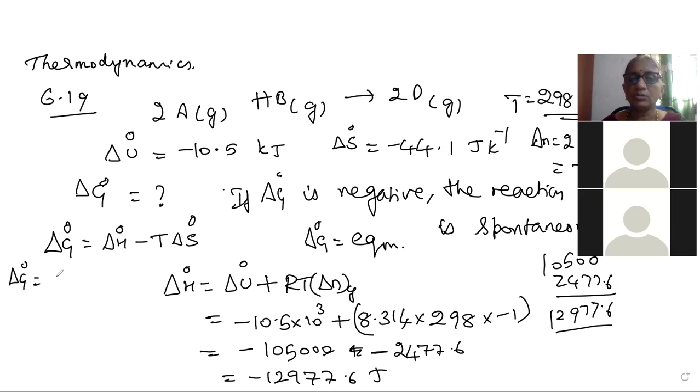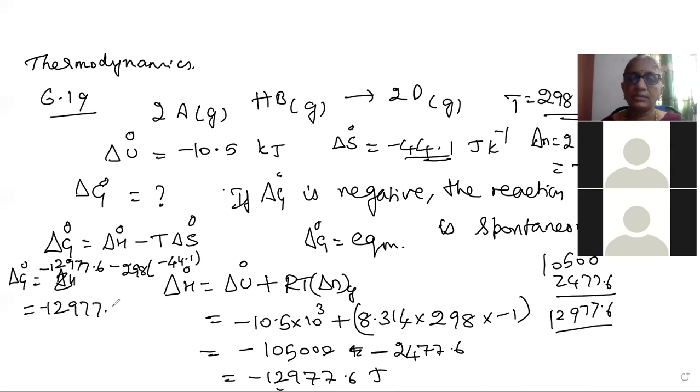Delta G naught equals delta H naught minus T delta S naught. Substituting delta H naught, minus 12977.6 minus 298 into delta S, which is negative, minus 44.1 joules per Kelvin. So minus into minus becomes plus.